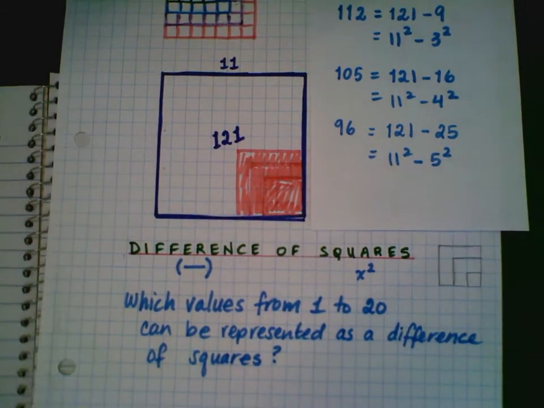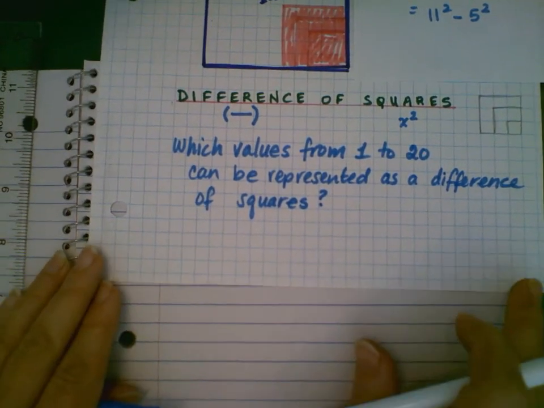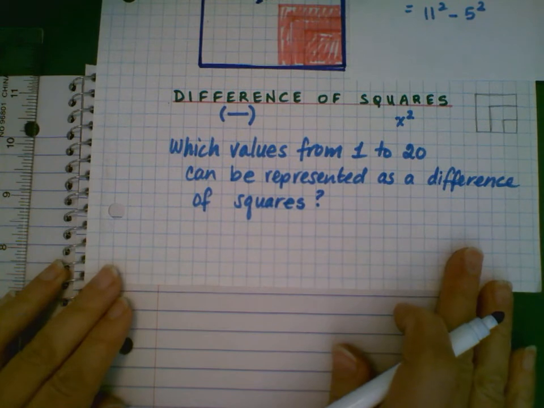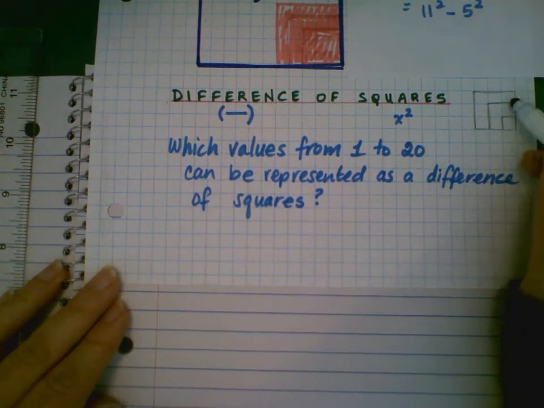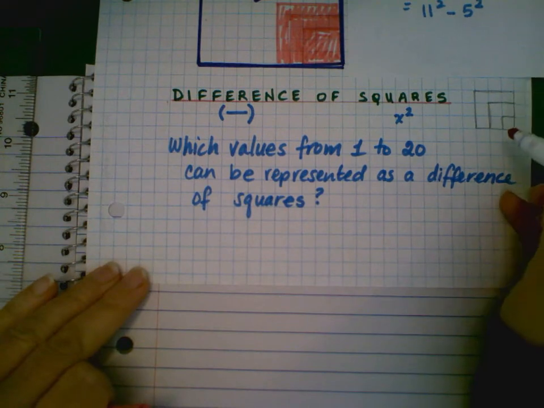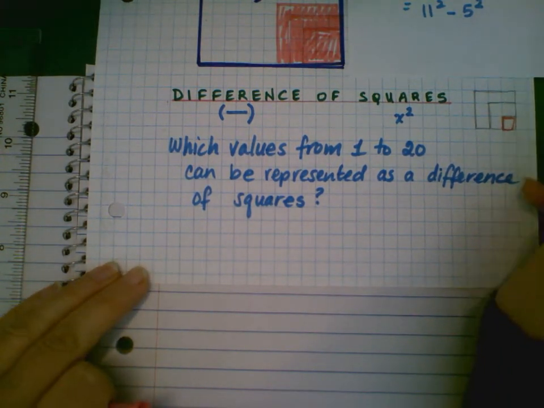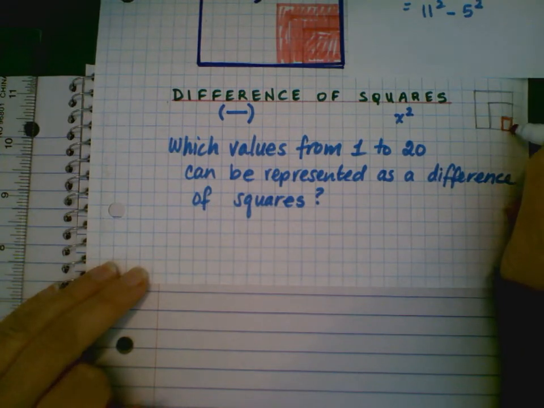I'm going to do 3 examples here just to get you started, get the ball rolling. I've drawn this little diagram at the top here showing the first 3 square numbers. So I've got 1 by 1 in the bottom right corner here.